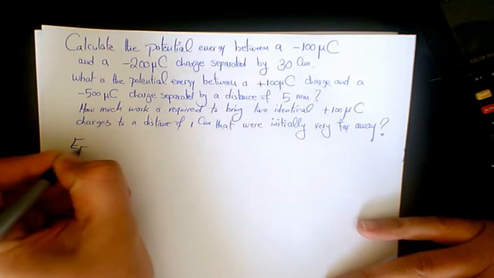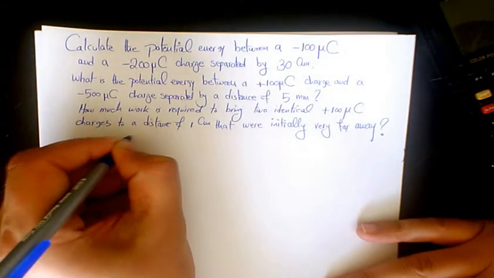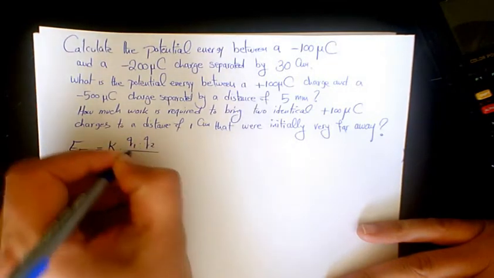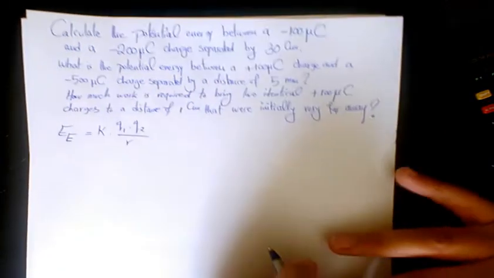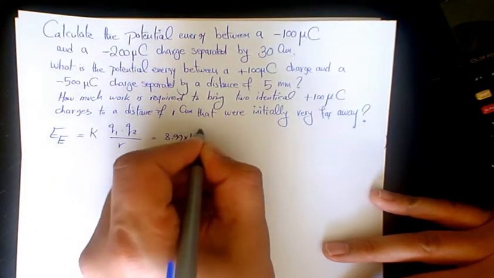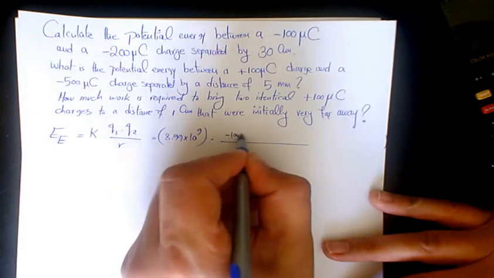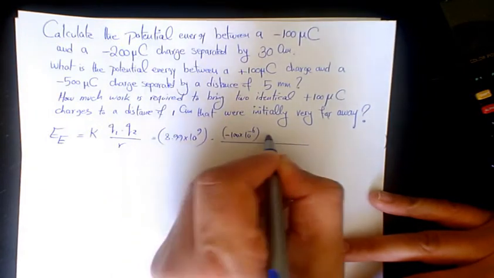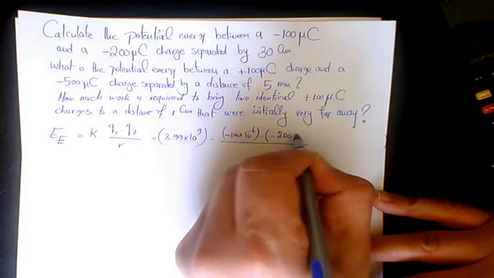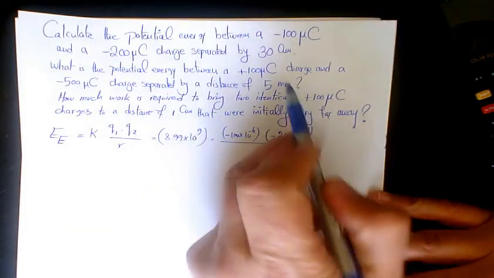Potential energy can be calculated using this formula: K times Q1 times Q2 divided by R. So that will be 8.99, which is Coulomb's constant, times negative 100 times 10 to the power of negative 6 times negative 200 times 10 to the power of negative 6 divided by R, which is 30 centimeters.